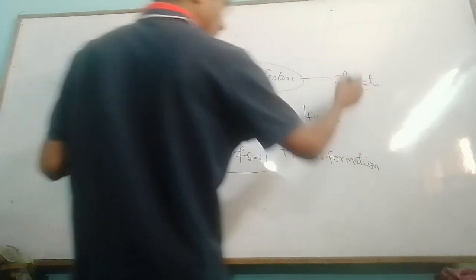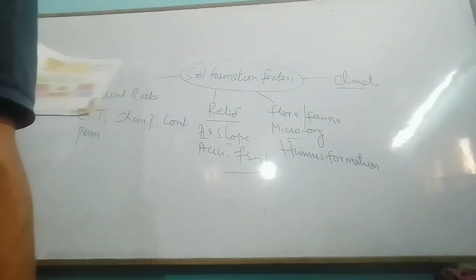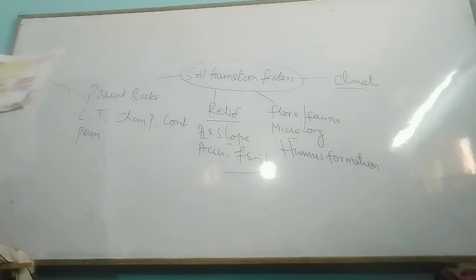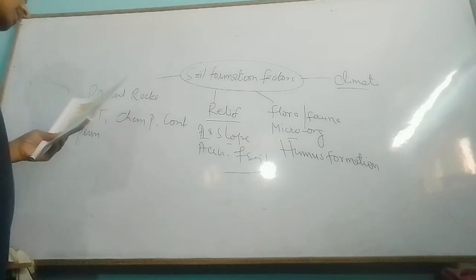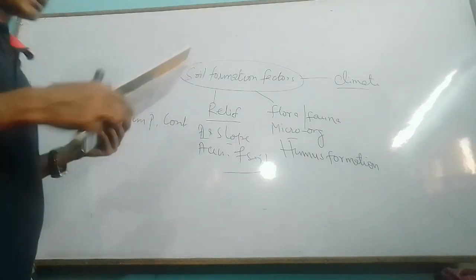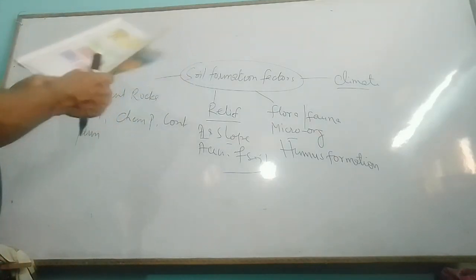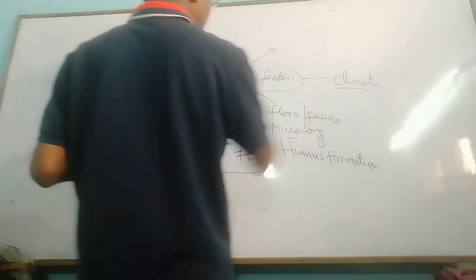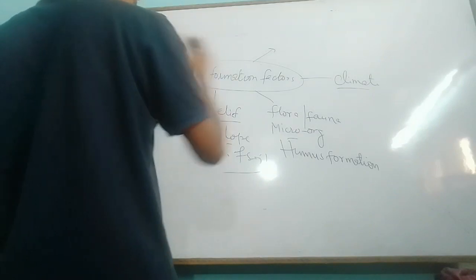Next is climate. Temperature and rainfall influence the rate of weathering and humus formation. Next one is time.